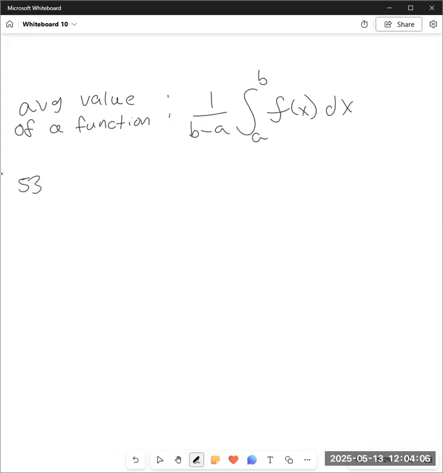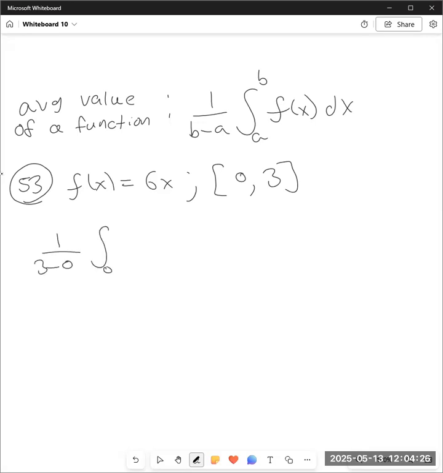So number 53 here, we have f of x is equal to 6x. We're given the interval 0 to 3, where the lower bound is my a, the upper bound is my b. So we're going to set this up: 1 over 3 minus 0, integral 0 to 3 of 6x dx is going to be 1/3, and I'll go ahead and pull that 6 out while I'm at it. 0 to 3 of x dx. 3 goes into 6 2 times.